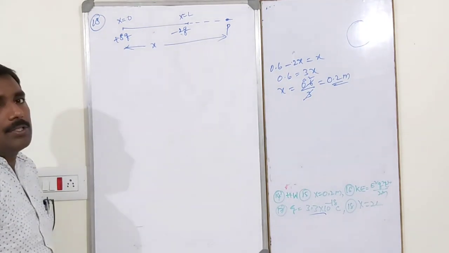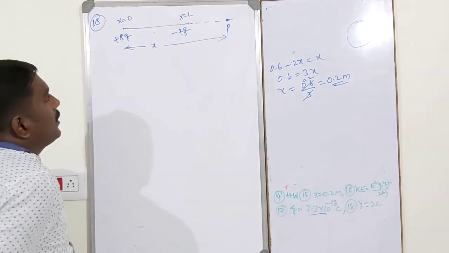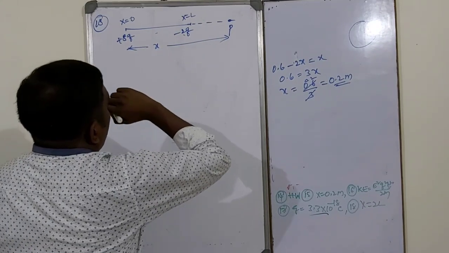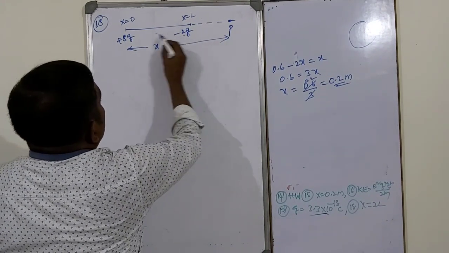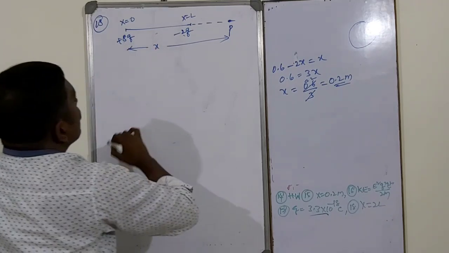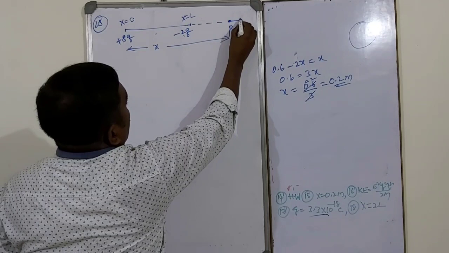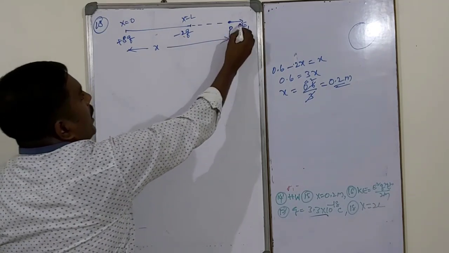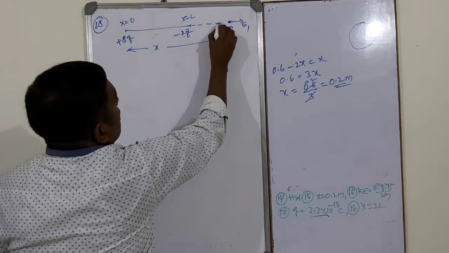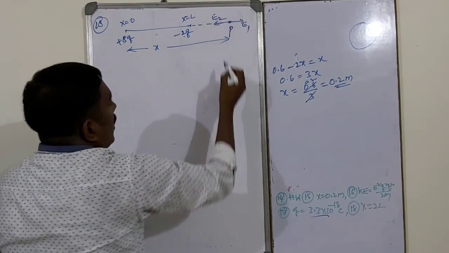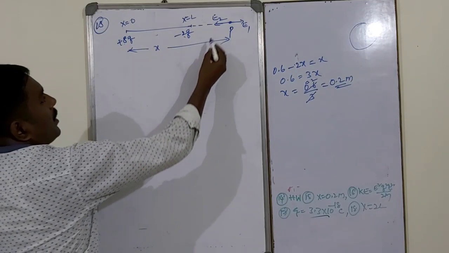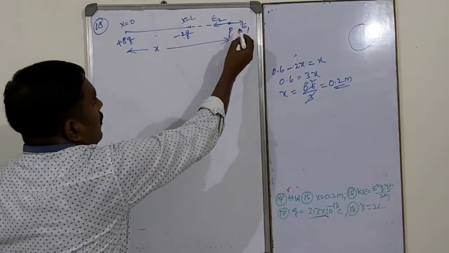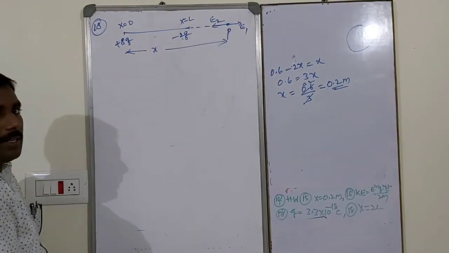The plus 8q charge creates an electric field E1 here. Since it is a positive charge, the field points away from it. The negative charge creates E2 in the opposite sense. Electric field lines originate at positive and terminate at negative, that is towards the negative charge, away from the positive charge. So they are E1 in this way, E2 in this way. Their net electric field will be subtracted.